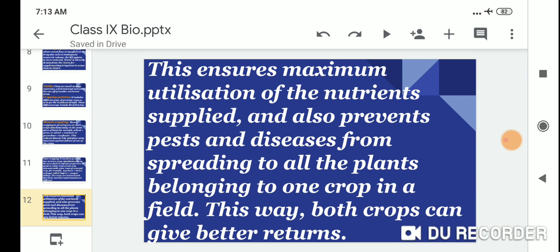This ensures maximum utilization of the nutrients supplied and also prevents pests and diseases from spreading to all the plants belonging to one crop in a field. This way, both crops can give better returns.